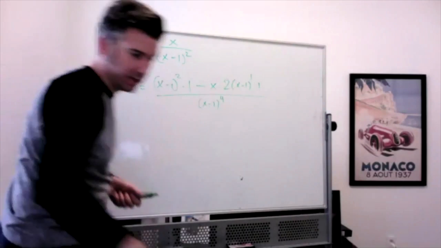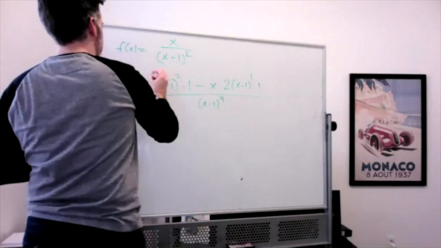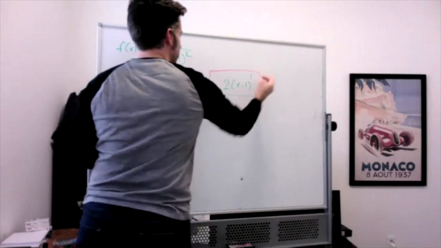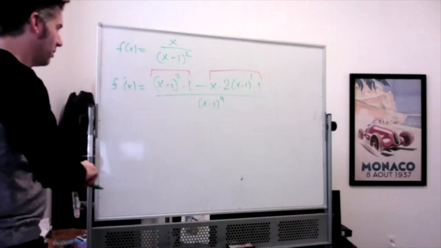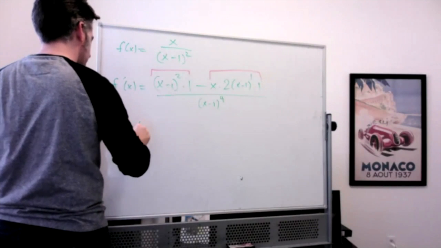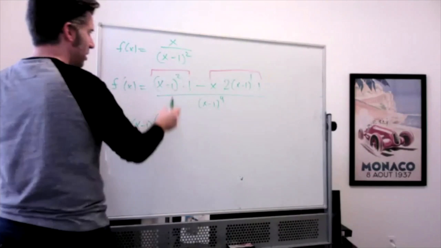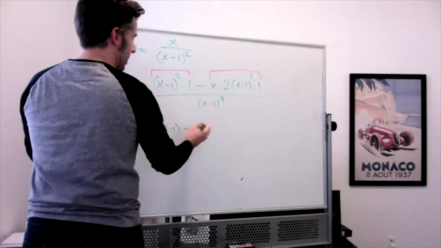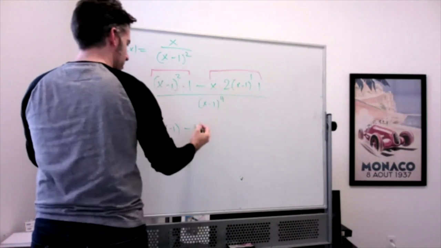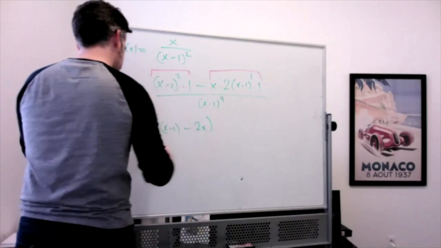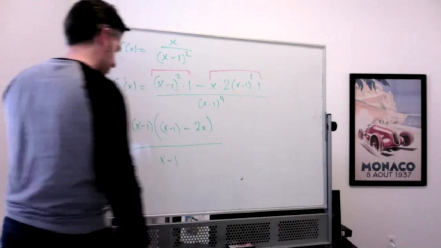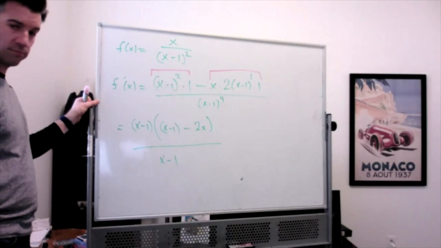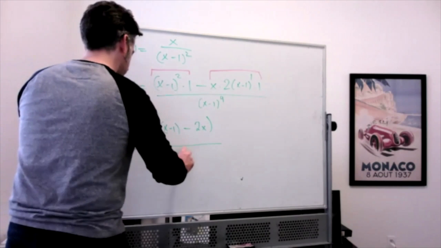And it works. I can factor out an x minus 1 from each of these pieces here. So I get x minus 1 times, here I'm left with an x minus 1, minus here I'm left with a 2x, over x minus 1 to the 4th.